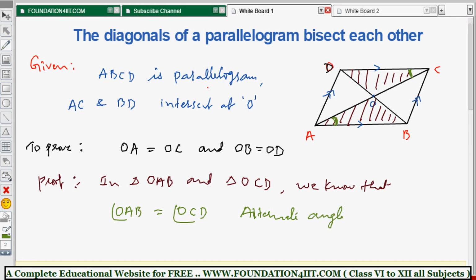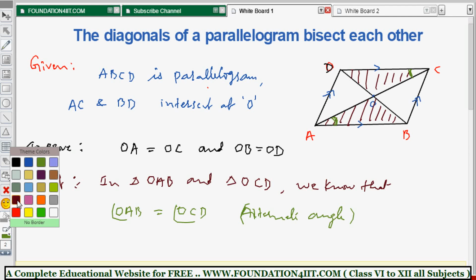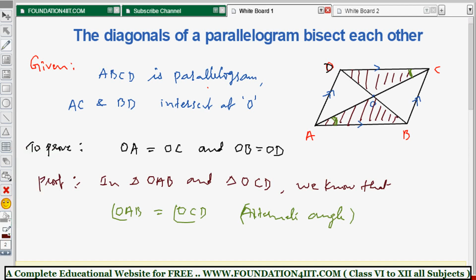Similarly, we can observe angle OBA and angle ODC. These two angles are also equal, because AB is parallel to CD and BD is a transversal. Then we can write angle OBA is equal to angle ODC.